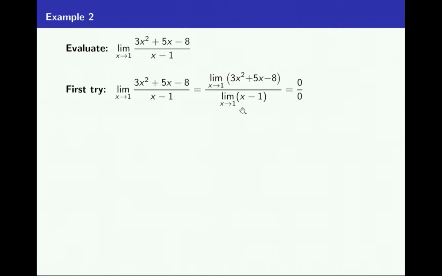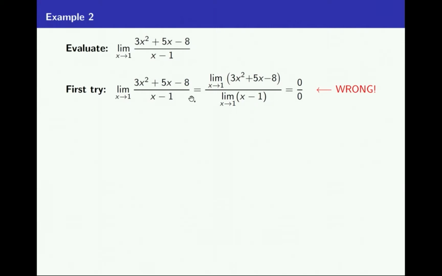And working out the top and bottom limits, we get 0 divided by 0. On top and bottom, we have the limit as x approaches 1 of a polynomial, so we can just plug in the 1 into each of these functions, getting 0 in each case. Now, clearly that's wrong. 0 over 0 doesn't make any sense. It's not defined.